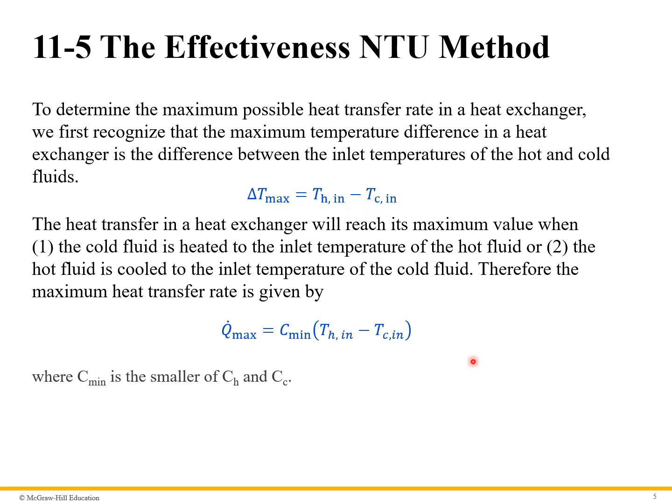The heat transfer in a heat exchanger will reach its maximum value in two cases, when the cold fluid is heated to the inlet temperature of the hot fluid, or when the hot fluid is cooled to the inlet temperature of the cold fluid. Therefore, the maximum heat transfer rate is given by the following equation. Q dot max is equal to C min times T_H,in minus T_C,in. So here, C min is the smaller value of C_H or C_C.